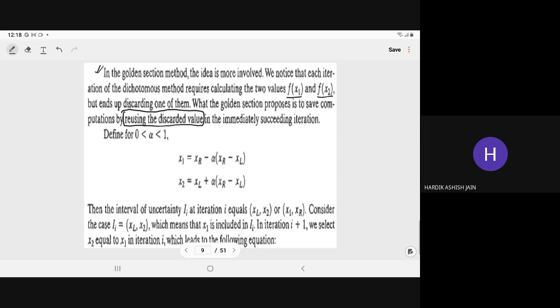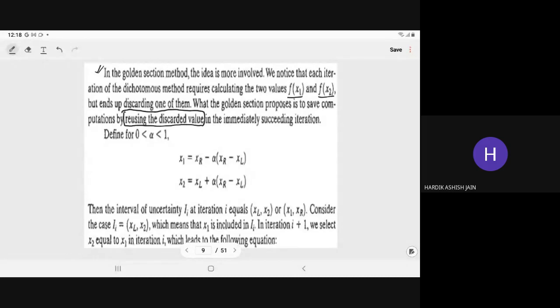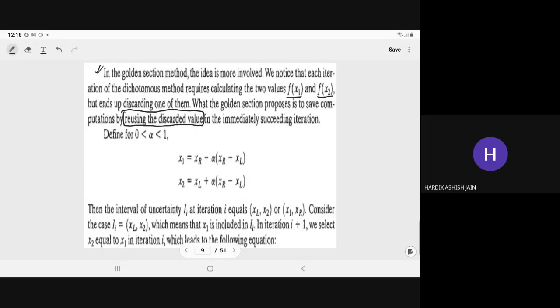For example, what you discard in the fourth iteration, you use in the fifth iteration. So in the next iteration you have to compute only one point instead of two.